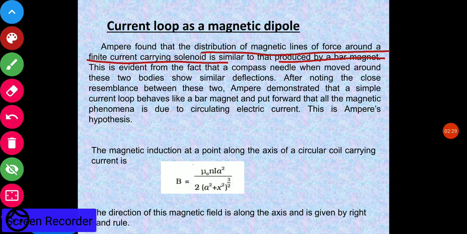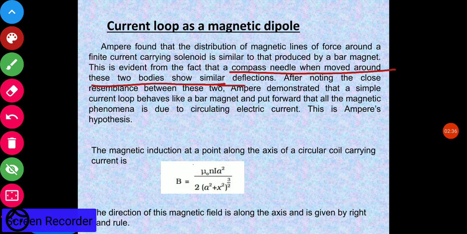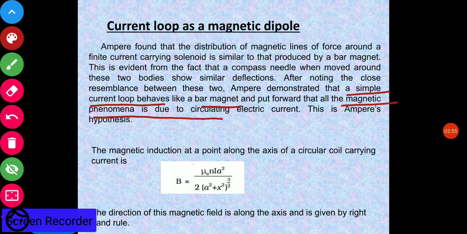The evidence is that a compass needle when moved around these two bodies shows similar deflections. After noting the close resemblance between these two, Ampere demonstrated that a simple current loop behaves like a bar magnet, and put forward that all the magnetic phenomena are due to the circulating electric current.